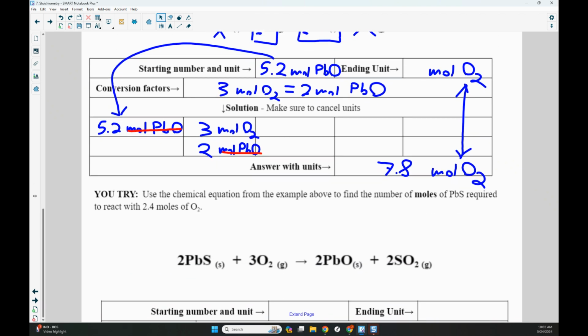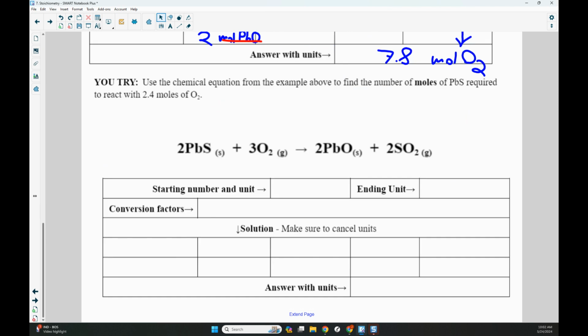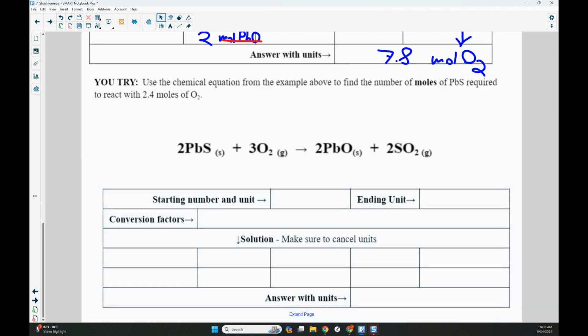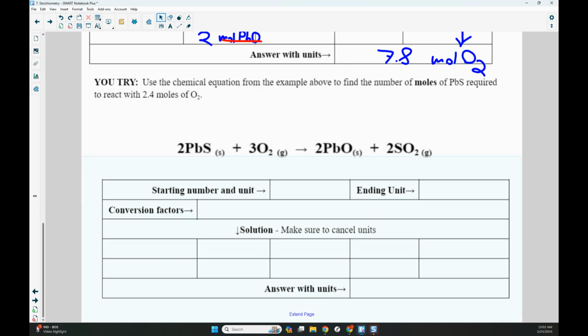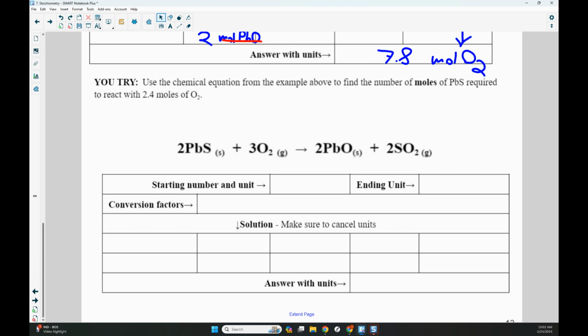Welcome back. So for the U-try, we're using the same chemical equation, but we are asking about different parts of the equation. So again, it's really critical to read the question carefully, and I suggest you underline the important information. So we are trying to find the number of moles of PbS this time, and we've been given the moles of oxygen.